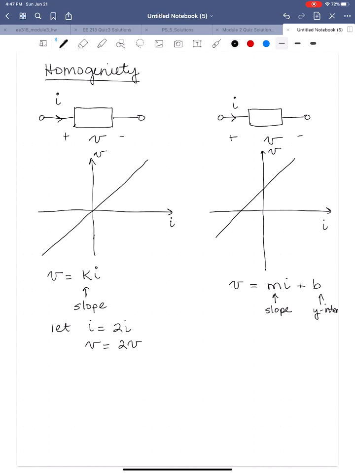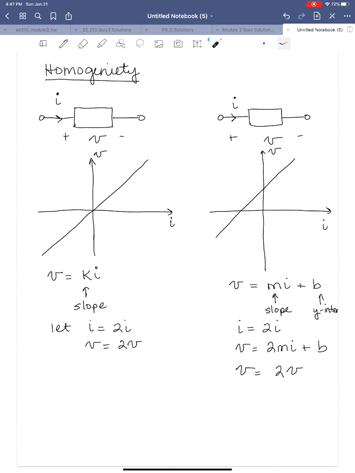Okay, so the line is still straight, but it's not homogeneous because if we multiply I by a factor, again, let's say 2, then V is equal to 2MI plus B. V is not equal to 2 times the original voltage V, right? Because when we multiply the current by a factor, we don't multiply the y-intercept.